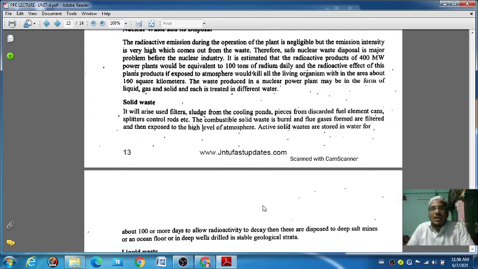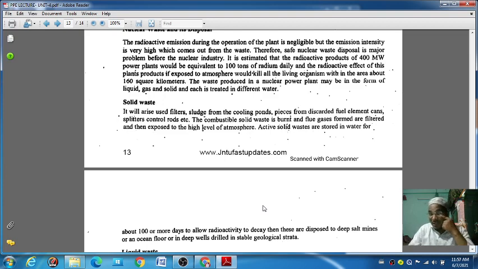It will use a filter. In that solid we can filter it, and then cooling ponds, pieces from the discarded fuel elements, cans, filters, control rods.